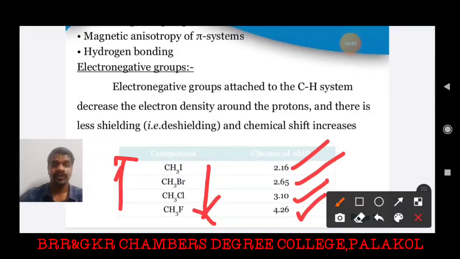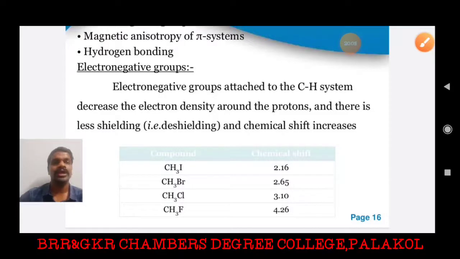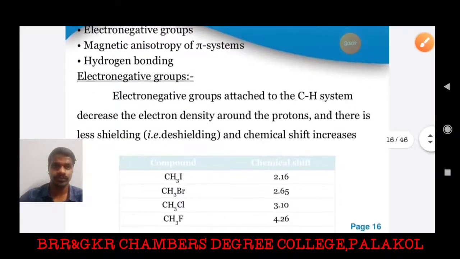That means if any nucleus is surrounded by more electrons, then the chemical shift value is very low. If the nucleus has fewer electrons, then the chemical shift value will be higher. So here the electronegativity influences the chemical shift value.